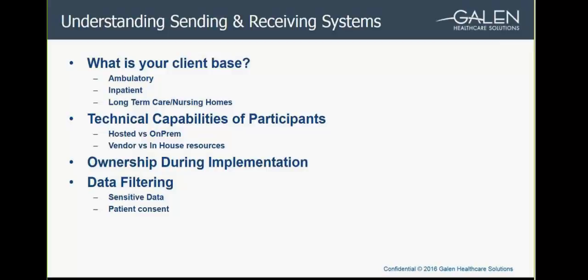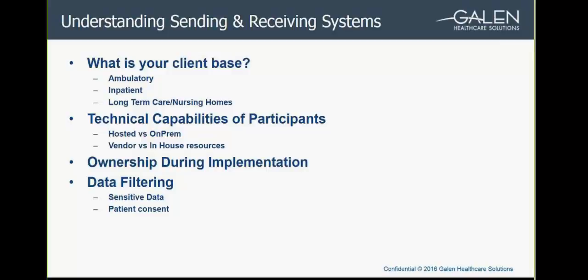So when one code set doesn't match, who does that fall on? Whose responsibility is that? Who concedes in the end and makes the translation? Are we going to be taking all ownership within the HIE side and doing a lot of one-off implementations? Or are we going to push that ownership on all the participants?